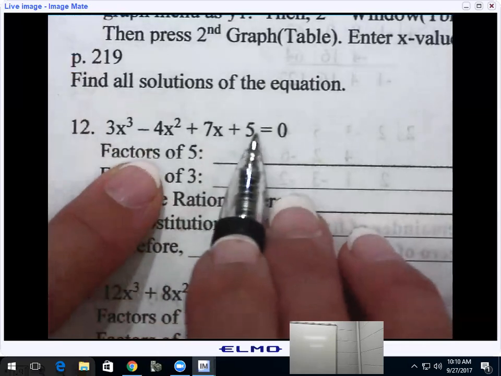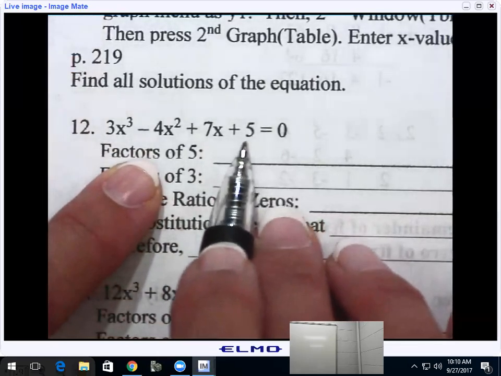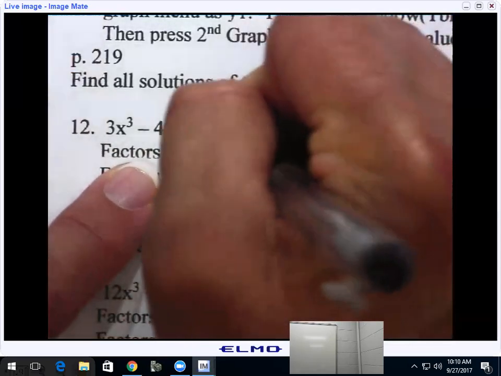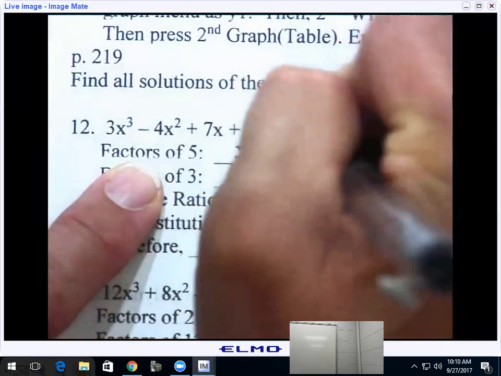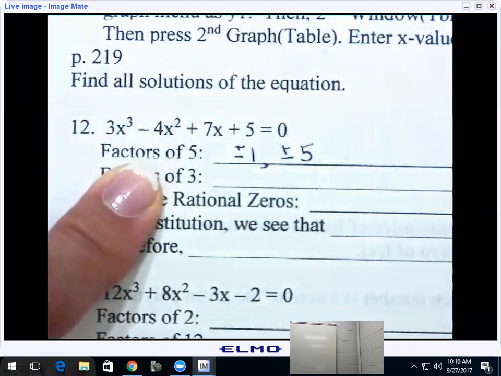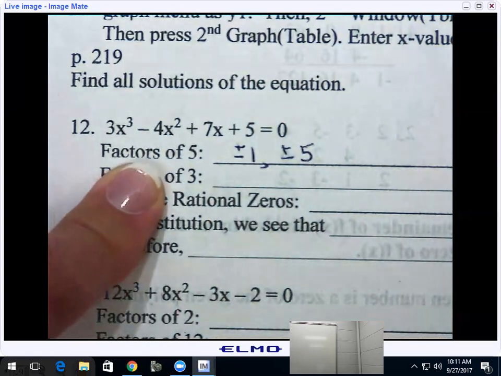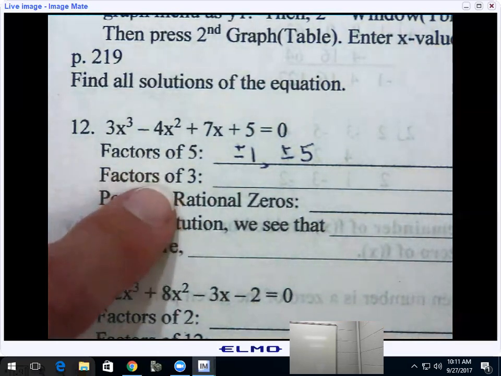I'm going to write the factors of the constant. The factors of 5 are just positive and negative 1 and positive and negative 5. There are 4 factors of 5 if you count those pluses or minuses separately. And then I'm going to put the factors of the leading coefficient.